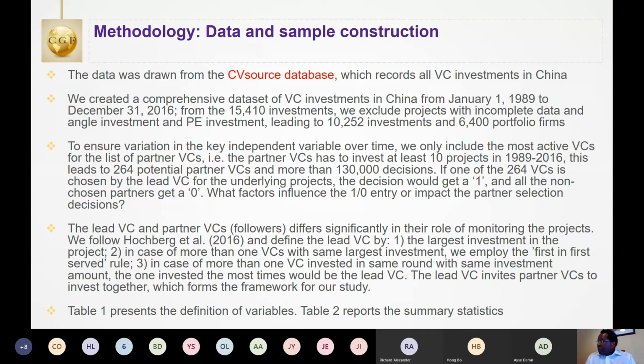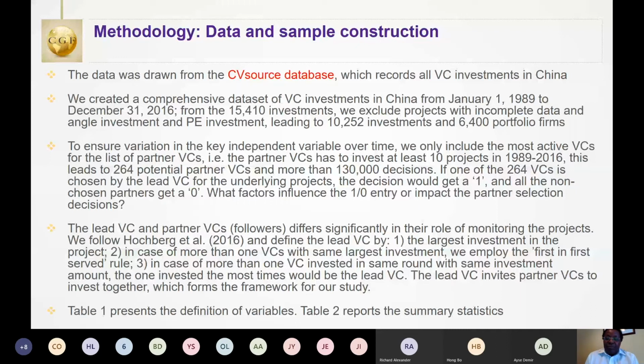Okay. The first part of the methodology I'd like to present here is just about understanding the spatial data that we're able to access. The data was drawn from the CV Source database. It's not VC, not venture capital source database. It is CV Source database, which has records for VC investments in China.